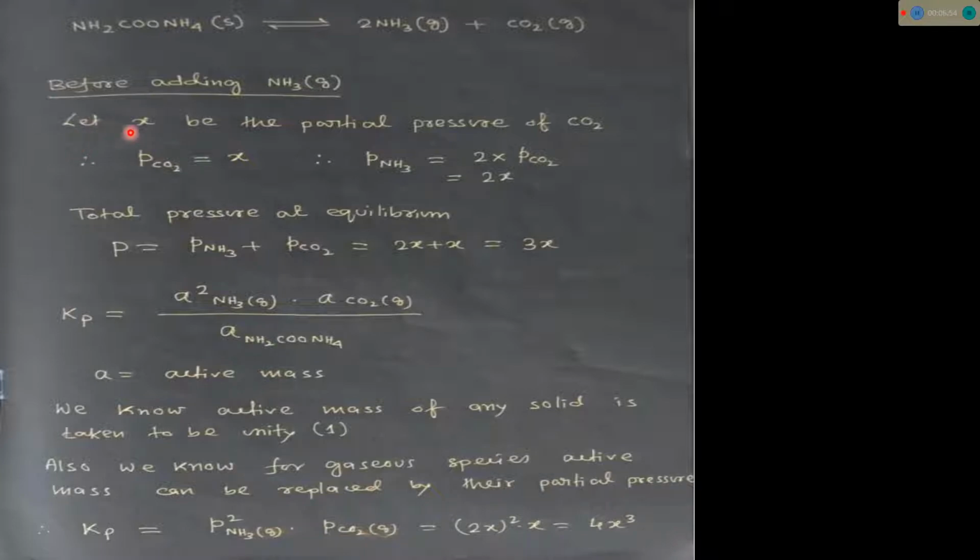So let X be the partial pressure of CO2 gas. See the equilibrium: this solid ammonium carbamate dissociates to form 2 moles of ammonia gas and 1 mole of CO2 gas.